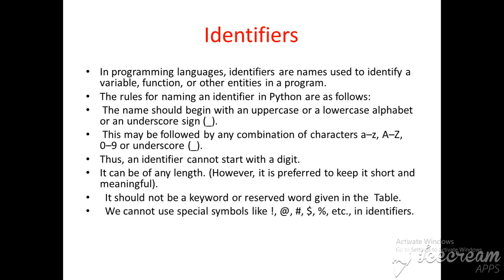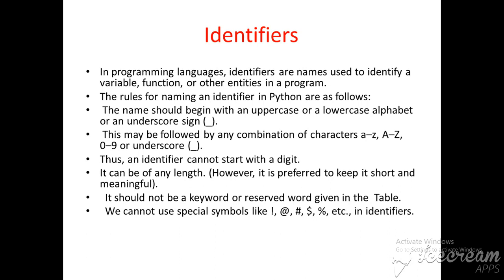We can also add numbers or underscore, but make sure it starts with a lowercase, uppercase or underscore. Then it can be of any length. We can write a long variable name, no problem.